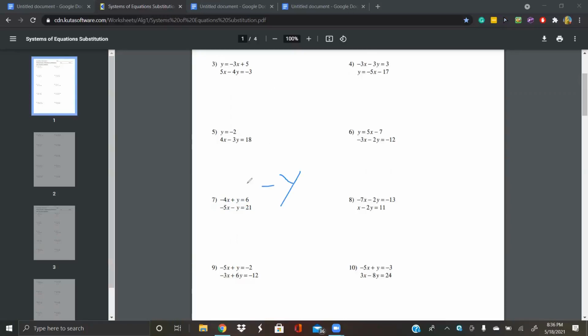We're going to add 5 on both sides, so -y equals 5x. Sorry, I was doing the wrong problem. Okay, so we're actually going to be doing this one.